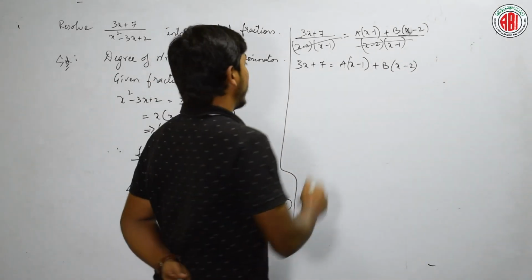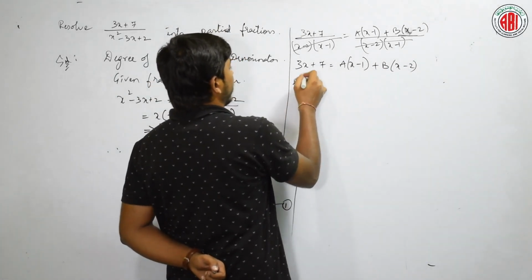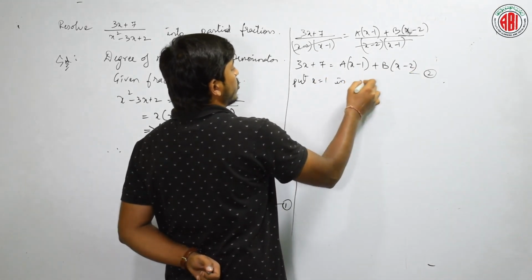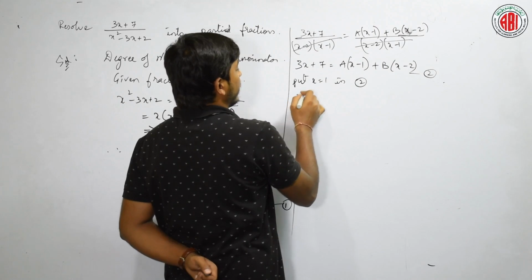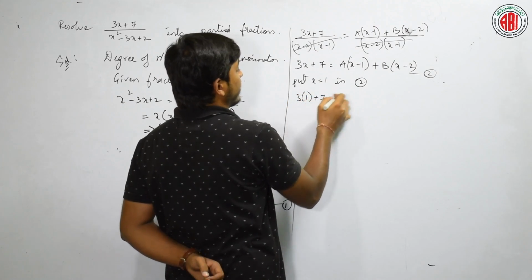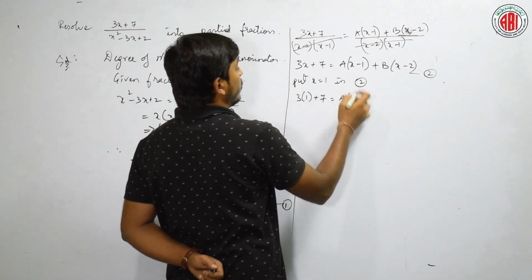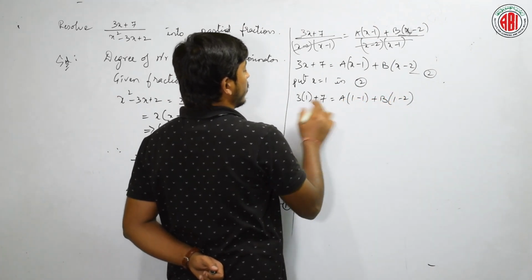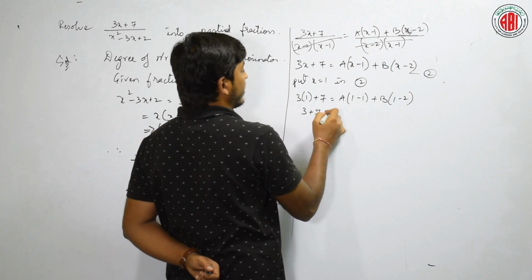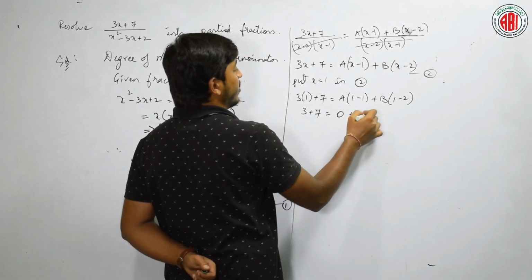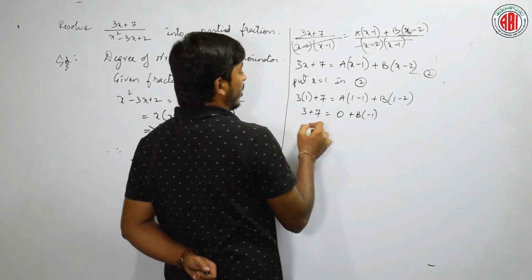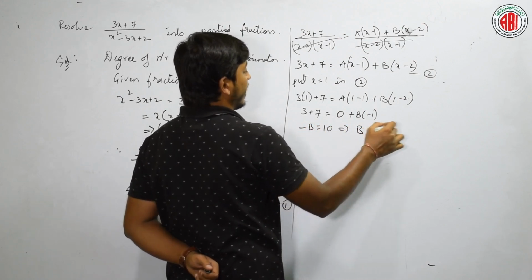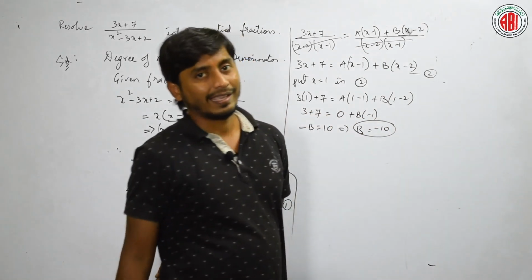So, let us do that. Put x equal to 1. What do we get? 3 into 1 plus 7 is equal to a into (1 minus 1) plus b into (1 minus 2), that is 3 plus 7 is equal to 0 plus b into minus 1. Therefore, minus b is 10, therefore, the value of b is minus 10, isn't it?